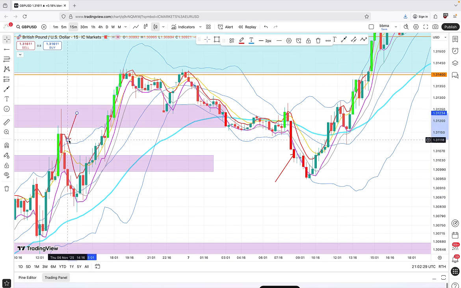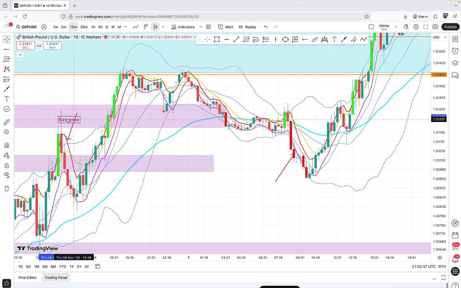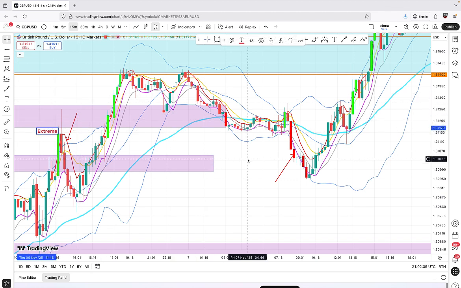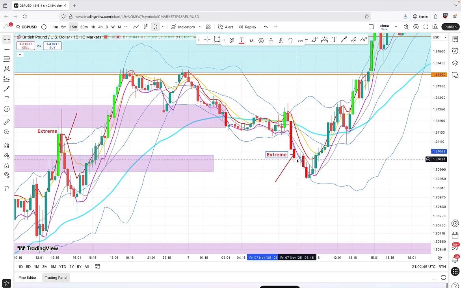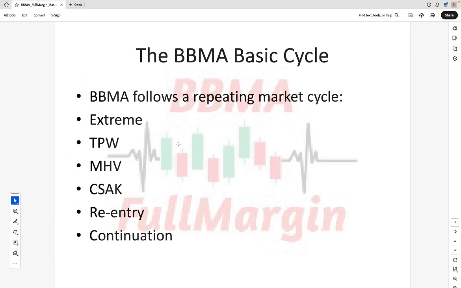See over here, this we call extreme. Which type, that comes later in the advanced topic, but for now you need to understand what extreme is. This is extreme when MA5 goes outside the low BB or top BB. This is extreme. What next?